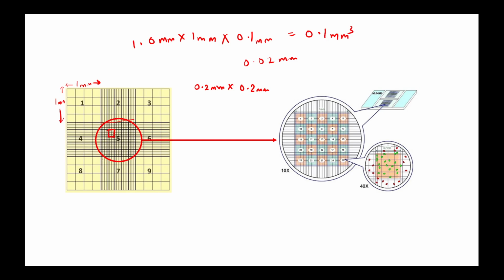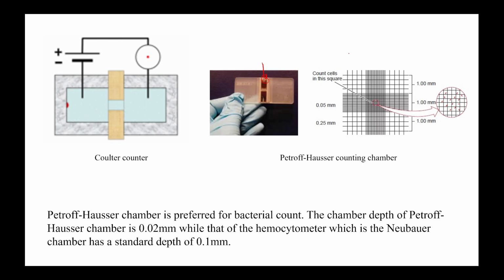Each small square is 0.2 mm by 0.2 mm, and the volume of the fifth quadrant would be 1 mm into 1 mm into 0.02 mm. So this will be 0.02 mm cube. So both the equipments are the same. It's just the difference between the volumes.